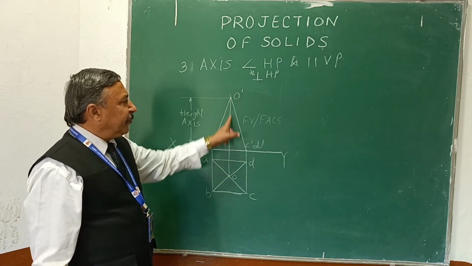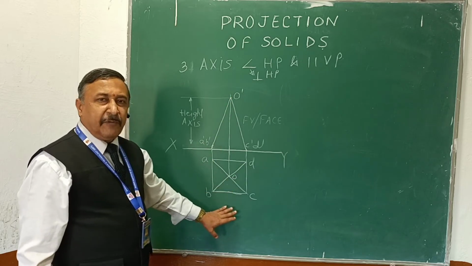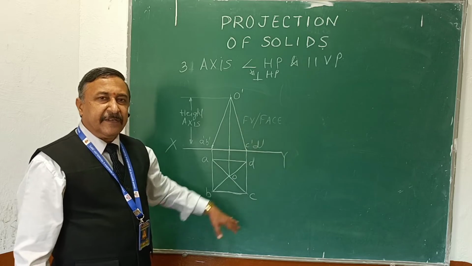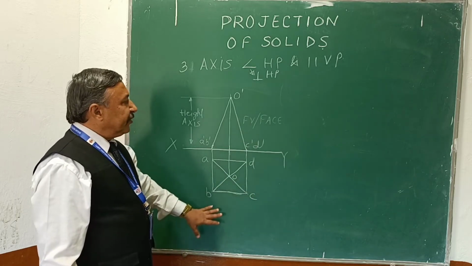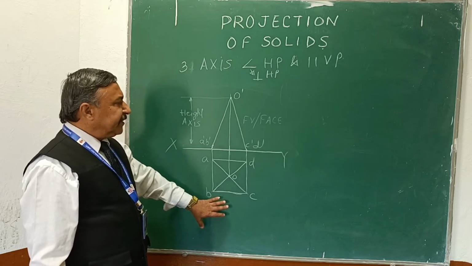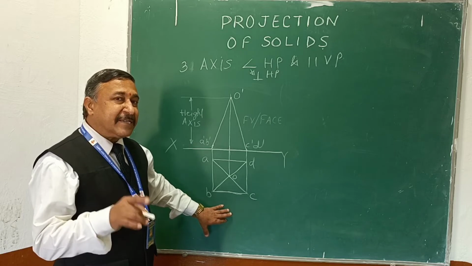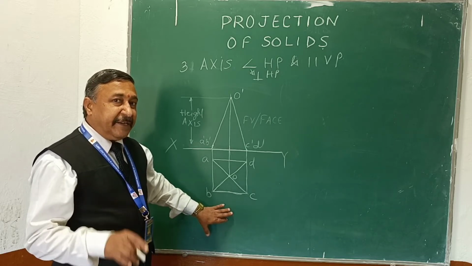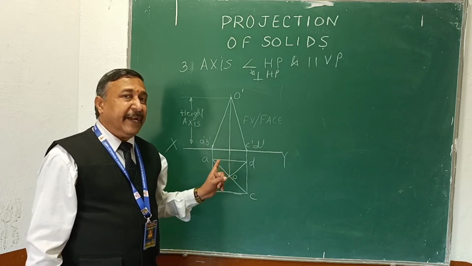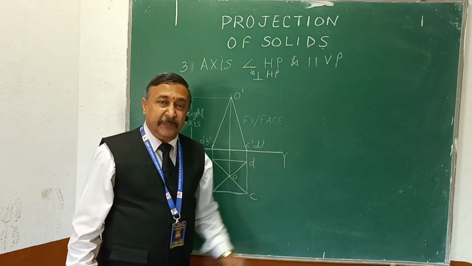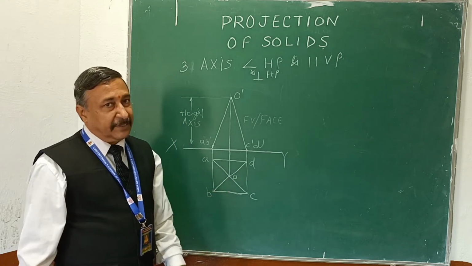This is axis perpendicular to HP. We take the first problem of pyramid and next we will take a second problem, that of prism. So this is the basic position first. Last time I told you that these are two basic positions, perpendicular to HP and perpendicular to VP, and every problem should start from this position.